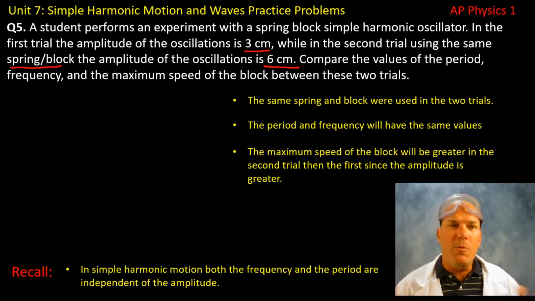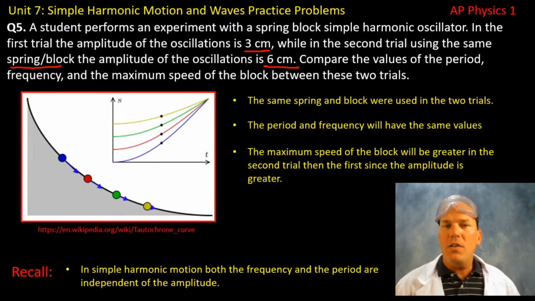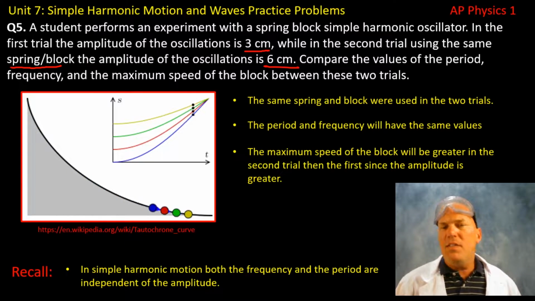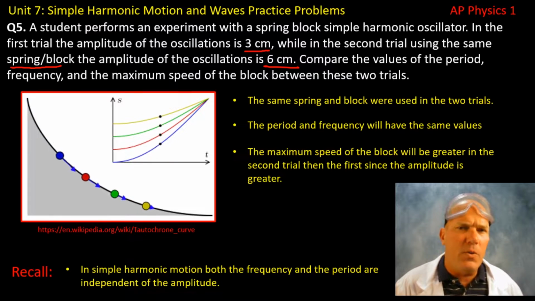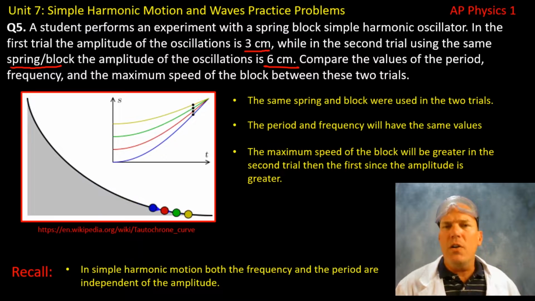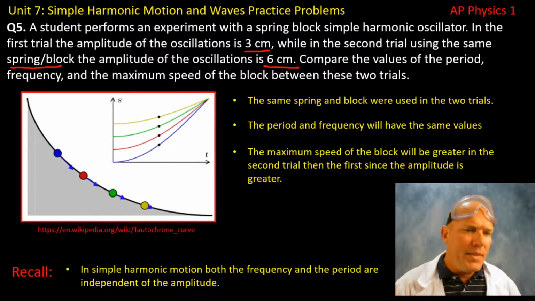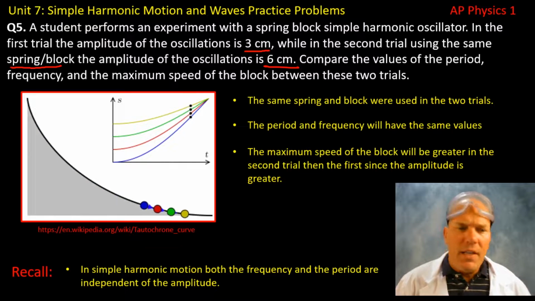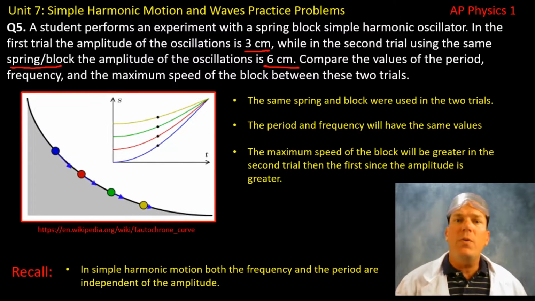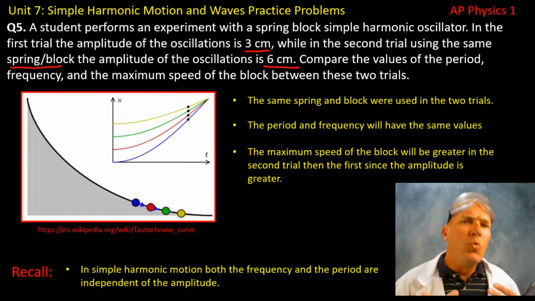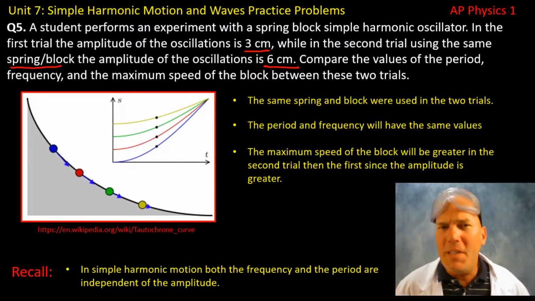Let's look at something really cool. This is called a tautochrone. It's also referred to as an isochrone, and iso means same. This curve is the path produced by a cycloid, and a cycloid is the path traced by a point on a wheel rolling in a straight line without slipping.